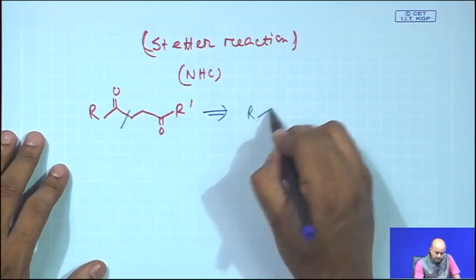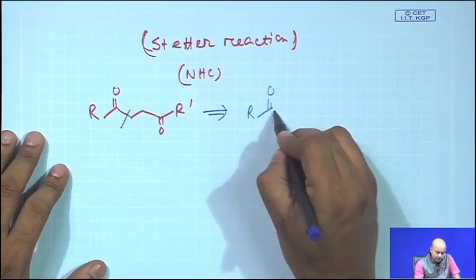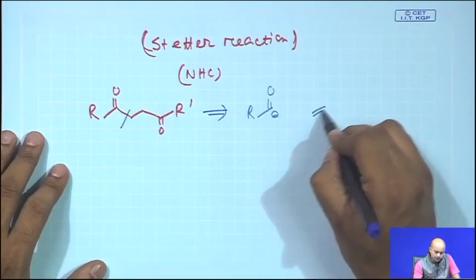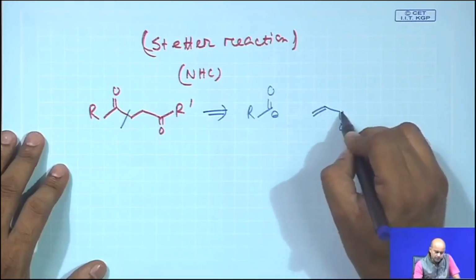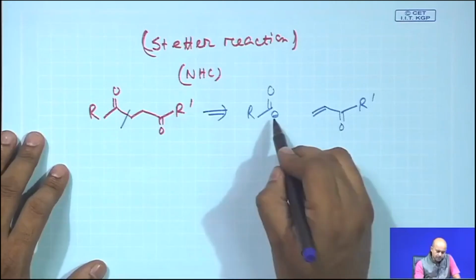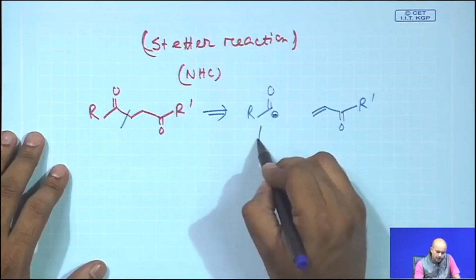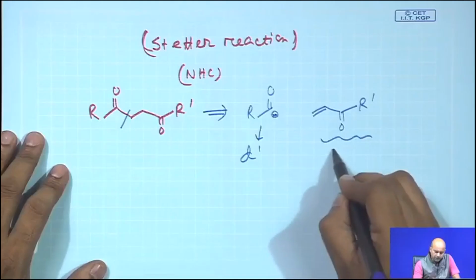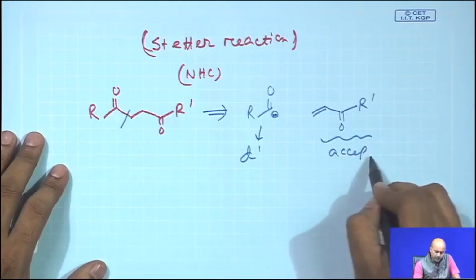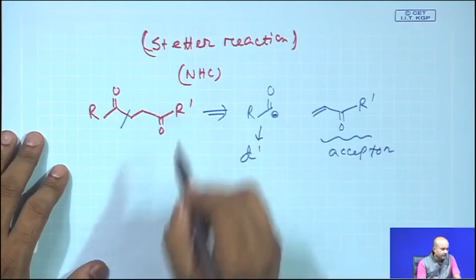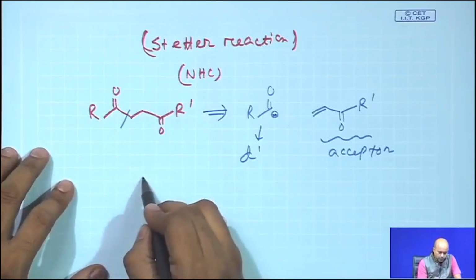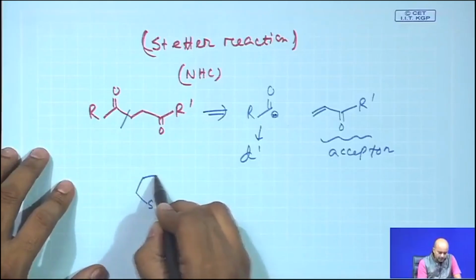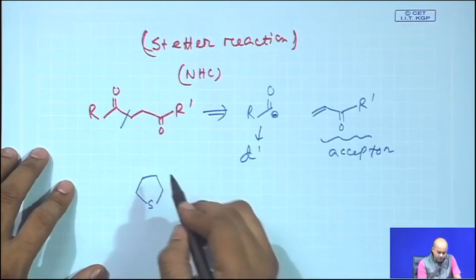You can say that this is your donor, this is your acceptor. So, basically a Michael-type reaction, but where you use an umpolung nucleophile through a donor species, and this is your acceptor synthon. This is in principle named as the Stetter reaction, where you use an N-heterocyclic carbene, a standard N-heterocyclic carbene structure.